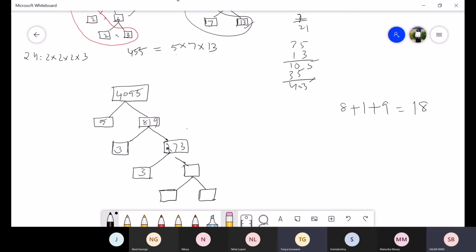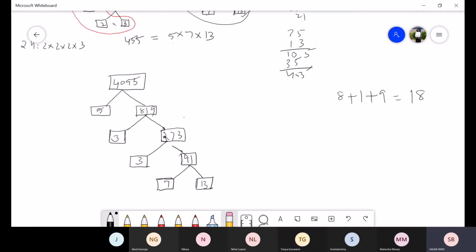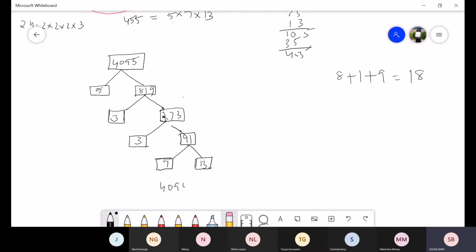Yes, 3 9s are 27, 3 1s are 3, 91. Now 7 and 13. So when you write the factors, you should write 4095 is equal to 3 into 3 into 5 into 7 into 13.